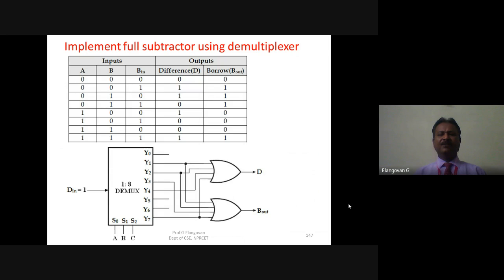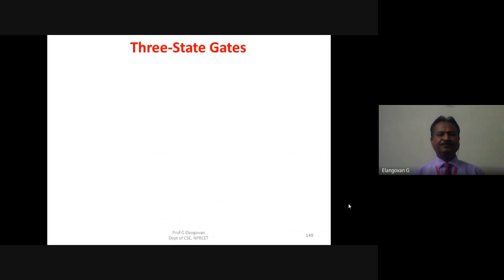You can select the outputs y1, y2, y4, and y7. If you combine them and give them to an OR gate, it becomes the difference. And if you give the outputs y1, y2, y3 and y7, you will get the borrow out.